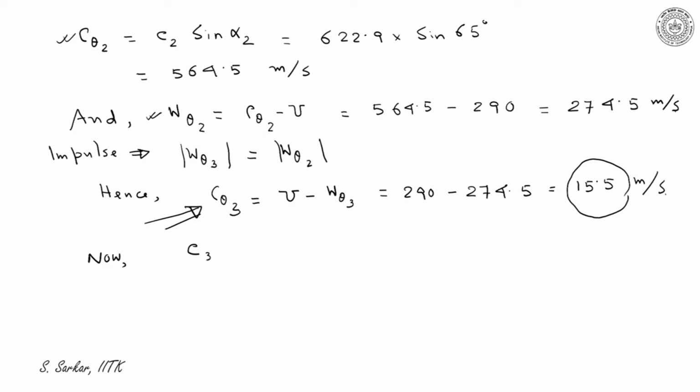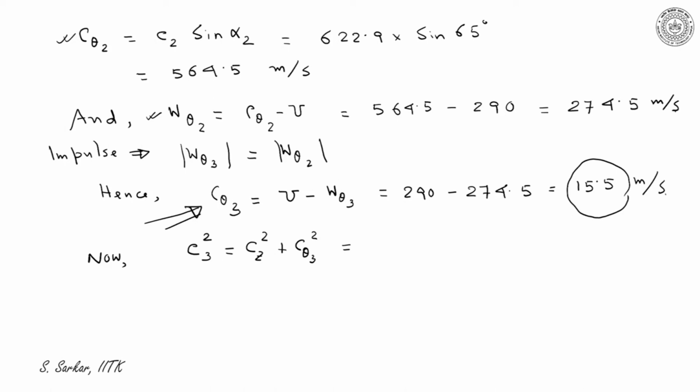Now I can write again from velocity triangle, C3 squared, where C3 is the exit velocity of gas from the rotor, is equal to Cz squared, that is axial velocity, plus C theta 3 squared. Now I know the value of Cz and C theta 3.